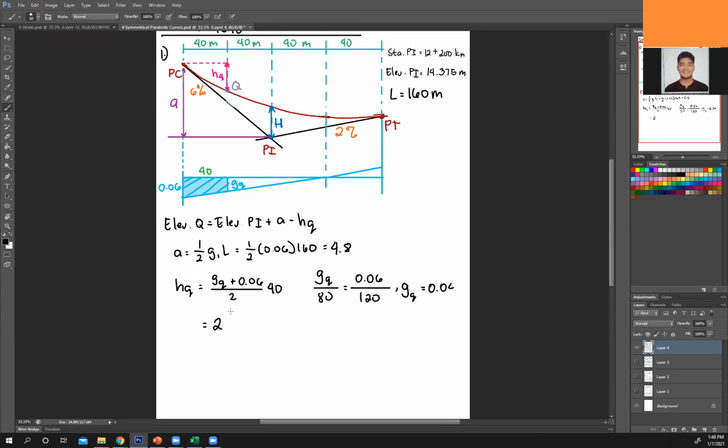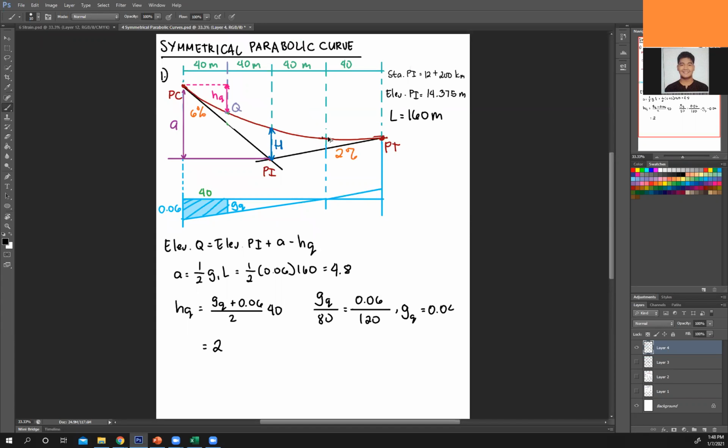So by the way, it just turns out that this is the sag of your curve, right? So I need to mention that. And it turns out this sag corresponds to the third quarter point of your curve. That's why I can just directly say this length is 120 and then this is 80.